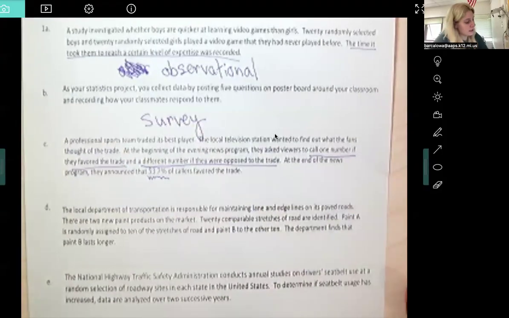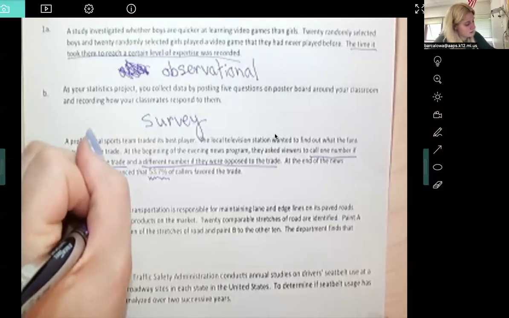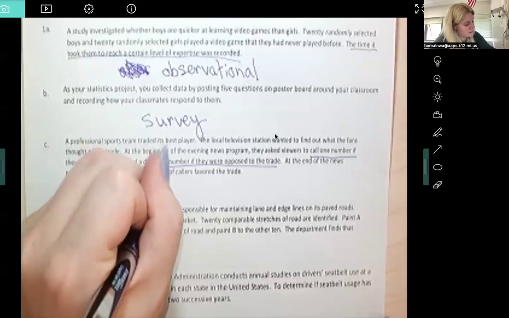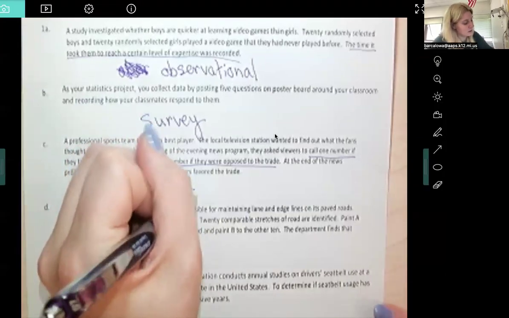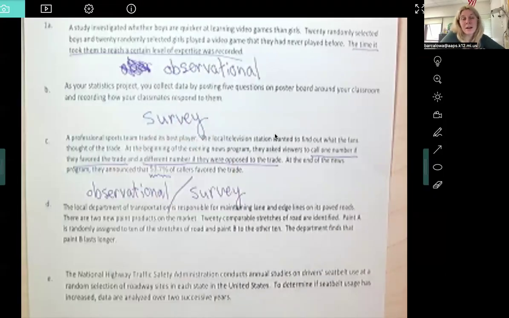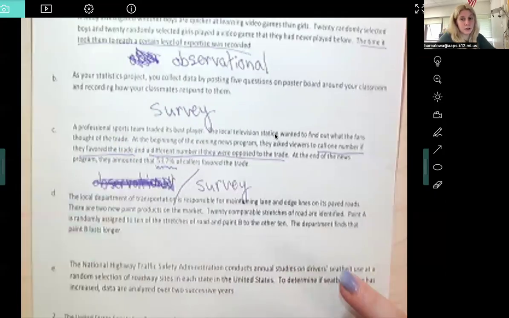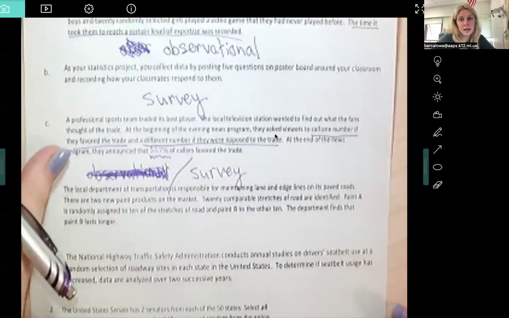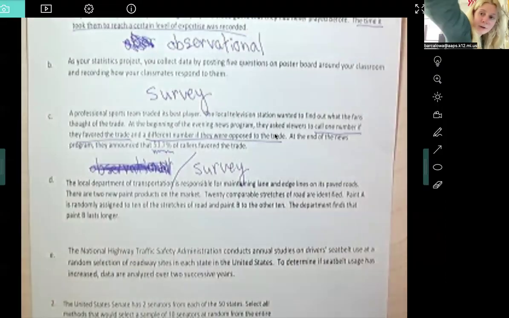Okay, I would say that this is an observational study. I could definitely see it being called a survey as well. I feel like I would take either one. I think survey better fits actually, now that I'm thinking about it. I think a survey, because you're asking a question and getting people's input. It's a survey for sure.